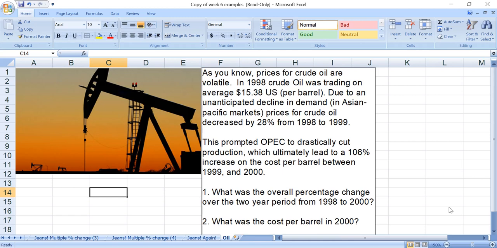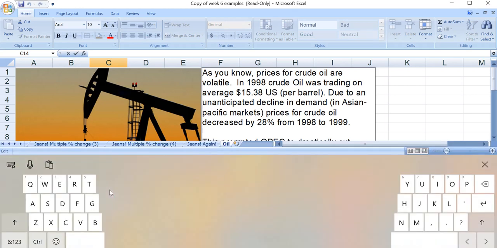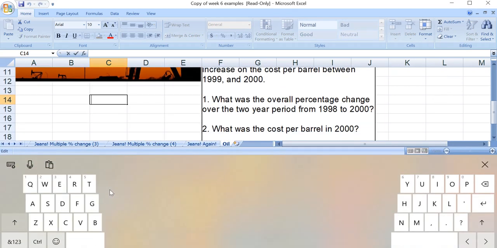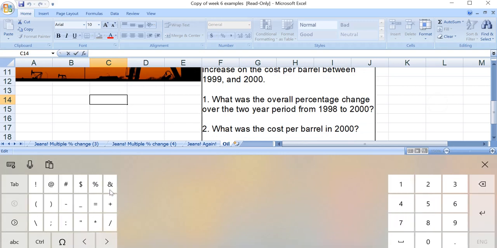Okay. So to answer this, we're going to start with our equal sign, and we're going to do equal to, parentheses, 1 minus 28%, close parentheses, times, parentheses, 1 plus, because we increased 106%, 106%, and then all minus 1.